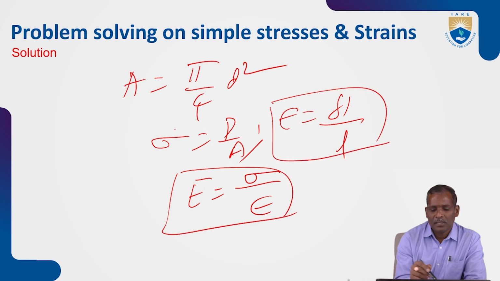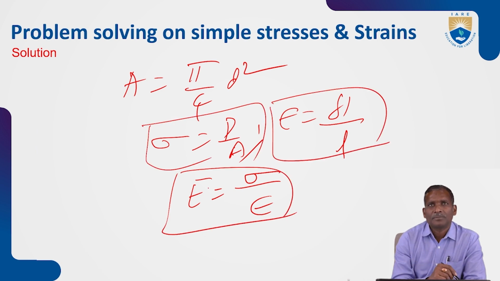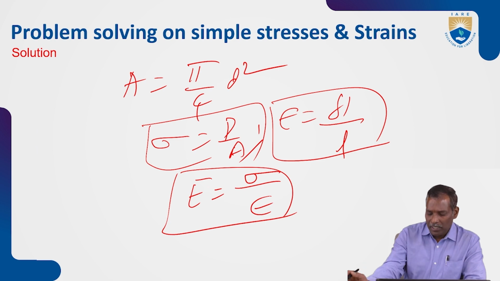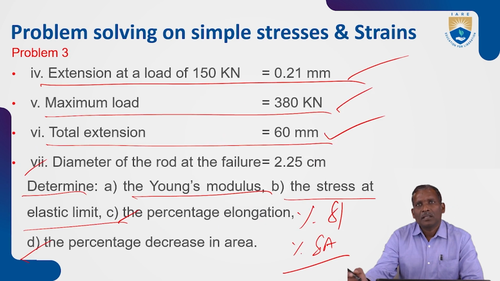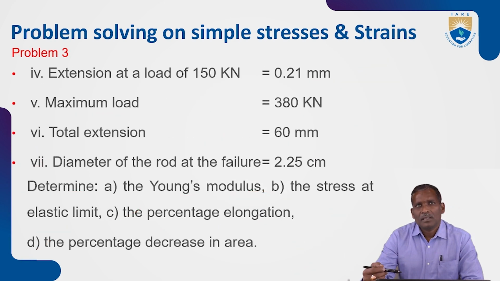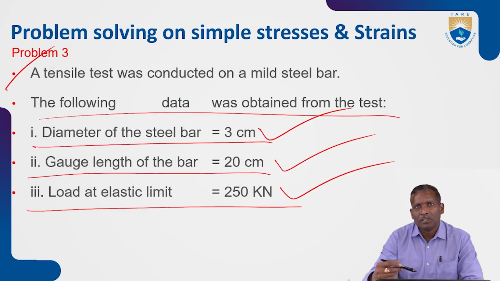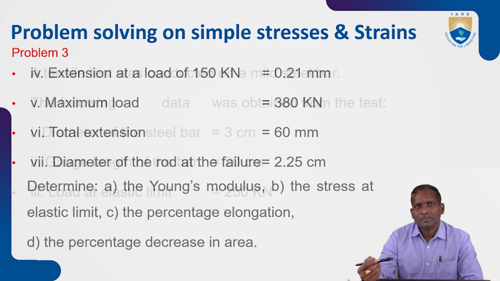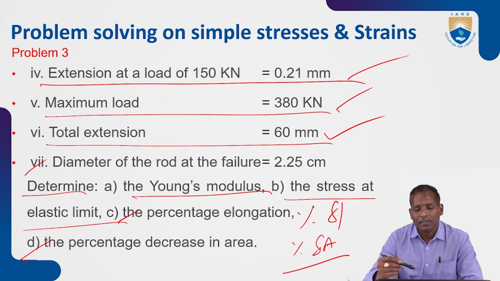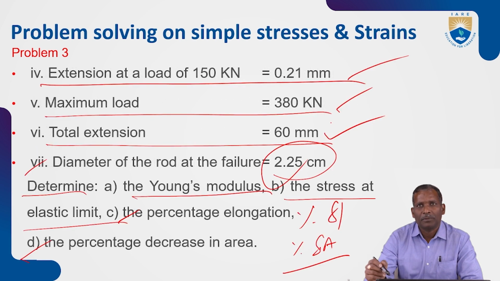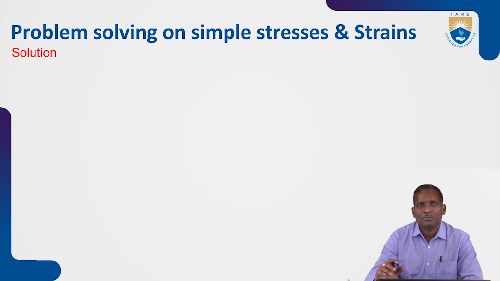So these are the relations. Here the diameter of the steel bar is 3 centimeter, and the diameter of the rod at the failure is 2.25 centimeters. We need to calculate separately at the diameters and then calculate stress at corresponding loads.